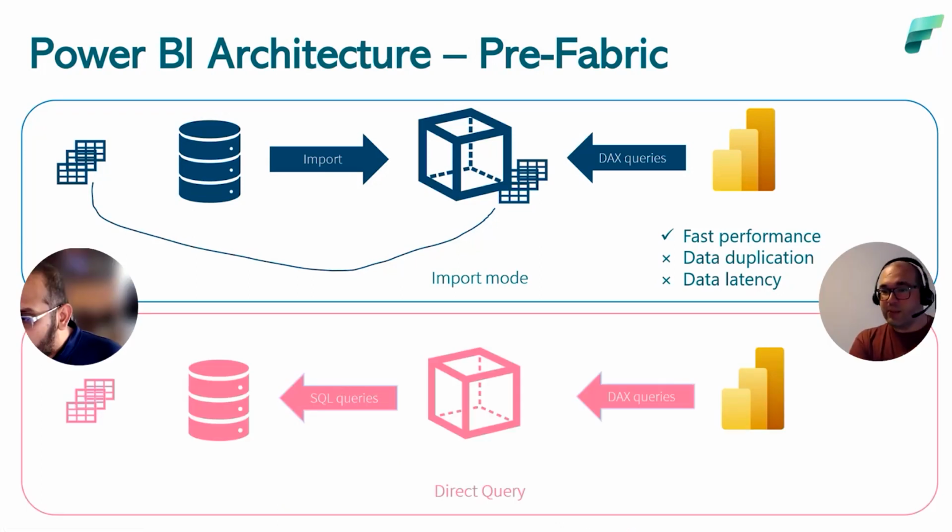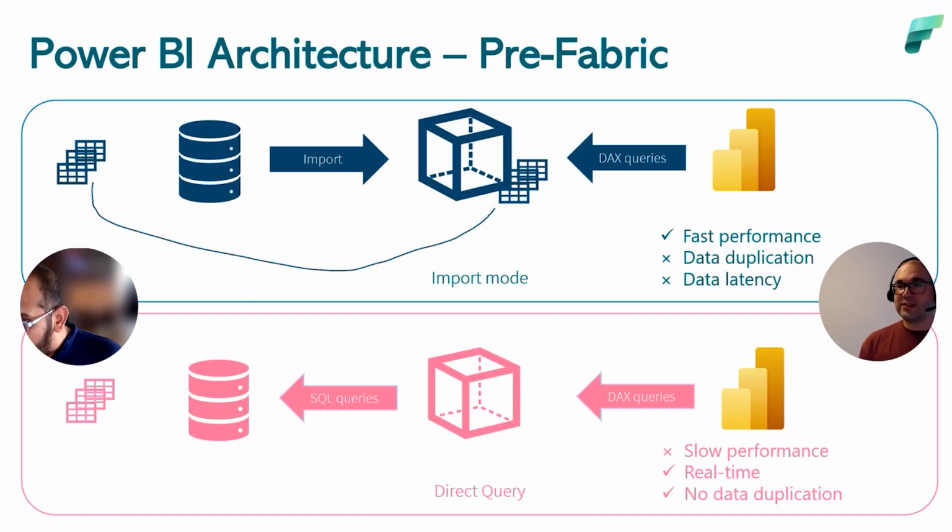And then direct query mode solved these shortcomings, namely data duplication and data latency, because no data is moved from the original data source, and our users always have the latest data available because data is retrieved at query time. However, and I'm sure all of you who used direct query mode at least once will agree, the performance of direct query is, well, significantly worse than with import mode. Let's put it that way.